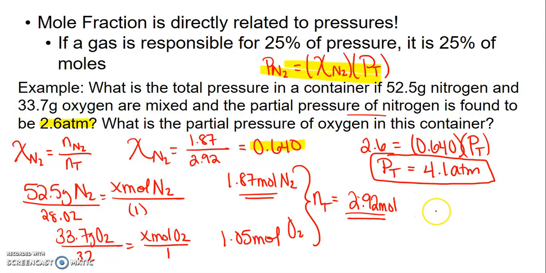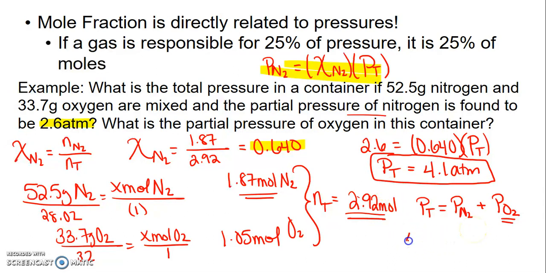This container is a mixture of nitrogen and oxygen. According to Dalton's law of partial pressures, the total pressure in the container is equal to the partial pressure of nitrogen gas plus the partial pressure of oxygen gas. So we can use Dalton's law to figure out the partial pressure of oxygen, which is the second part of this question.